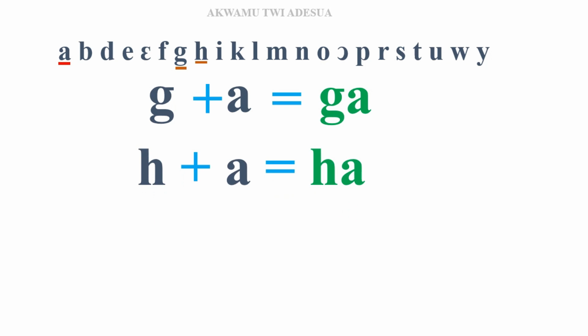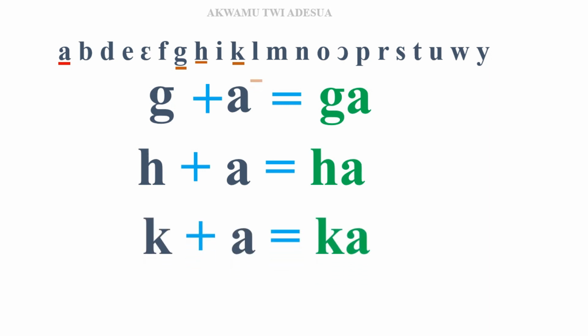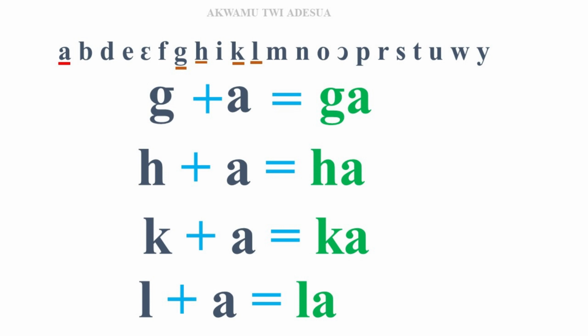We have h plus a, which is the h, and the a will give us ha.